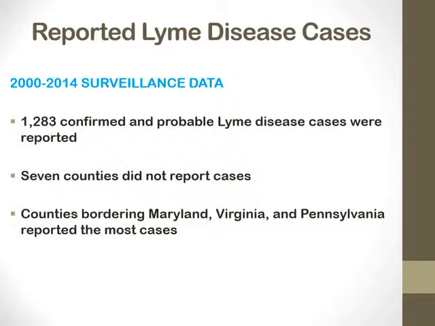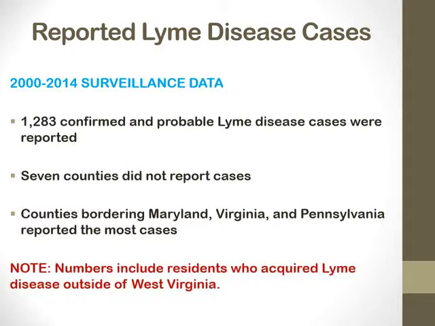Only 7 counties did not report cases. And it's important to note that the counties bordering Maryland, Virginia, and Pennsylvania, 3 states that have high incidences of Lyme disease, reported the most cases. And as I said, for Kanawha County, the numbers include residents who may have acquired Lyme disease outside of West Virginia.